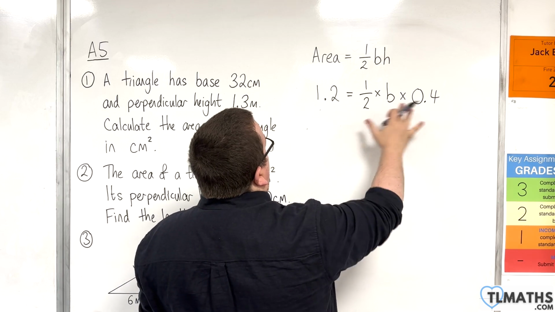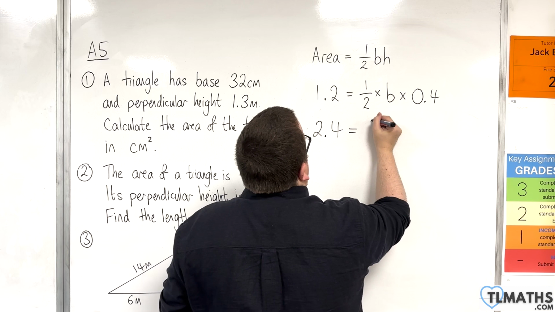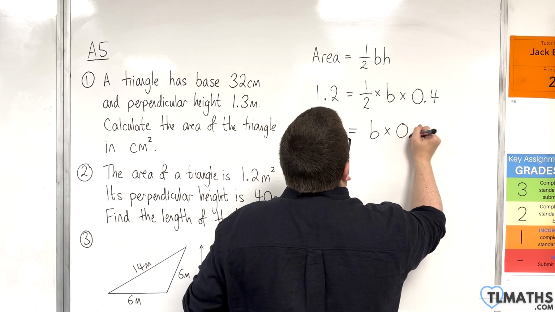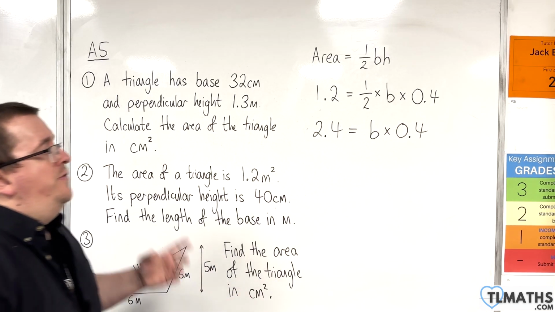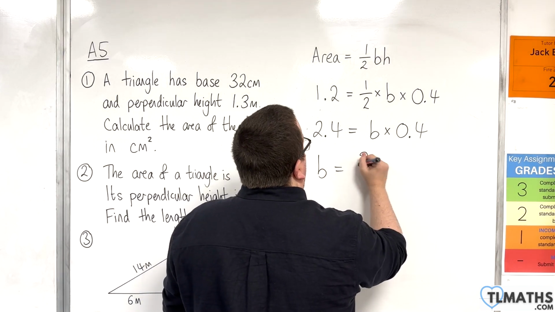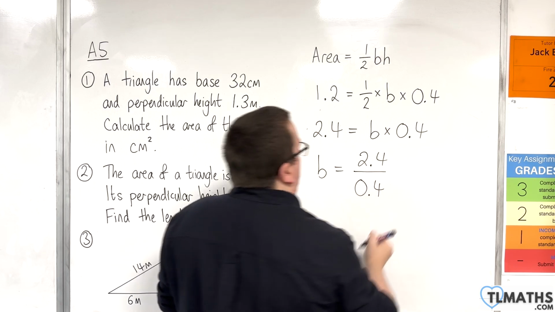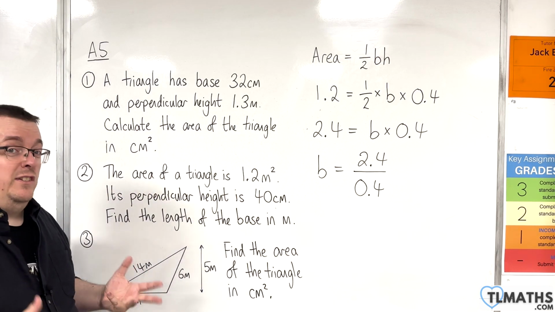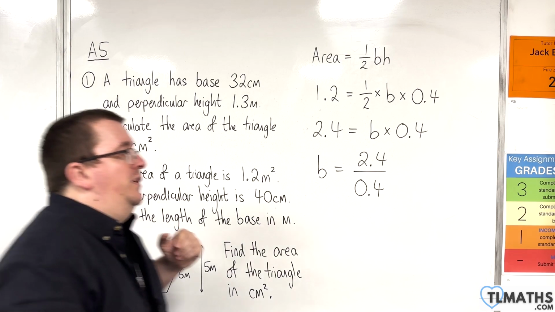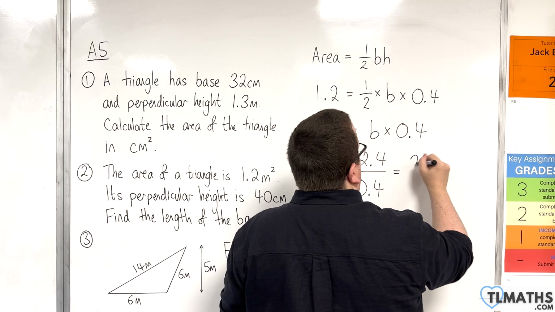So if we multiply through by 2 first, we're going to get 2.4 is the base times 0.4. And then the base is equal to the 2.4 divided by 0.4. Now, personally, I don't like dividing by decimals, so I'm going to get rid of the decimals by multiplying top and bottom by 10.